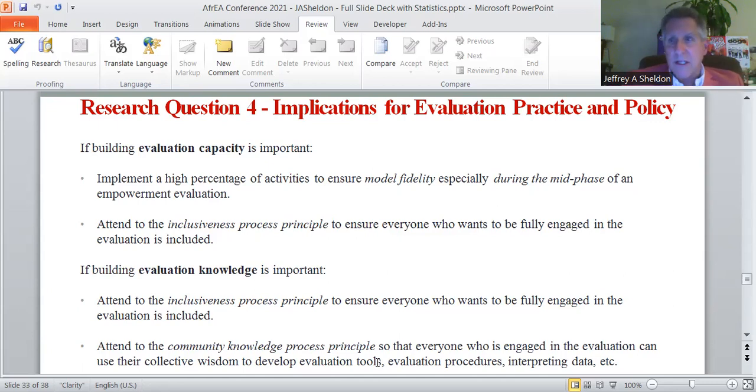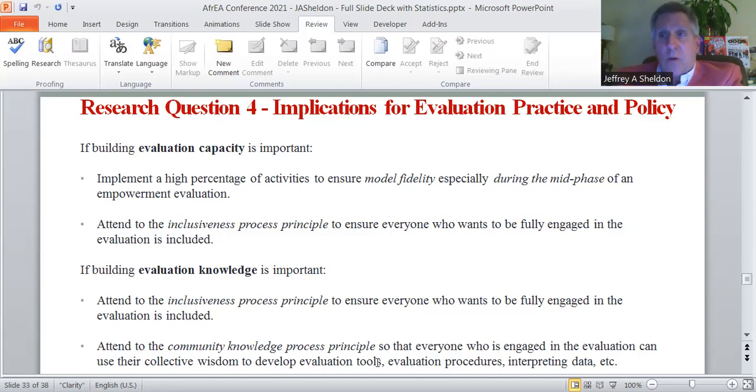So the question is, once you use the model fidelity, and you use the principles, can you use them to explain whether or not empowerment and self-determination are the result of empowerment evaluations? Well, if building evaluation capacity is important, what you need to do is implement a high percentage of activities to ensure model fidelity, especially during the mid phase of empowerment evaluation, which makes sense because the beginning phase is when things are starting up.